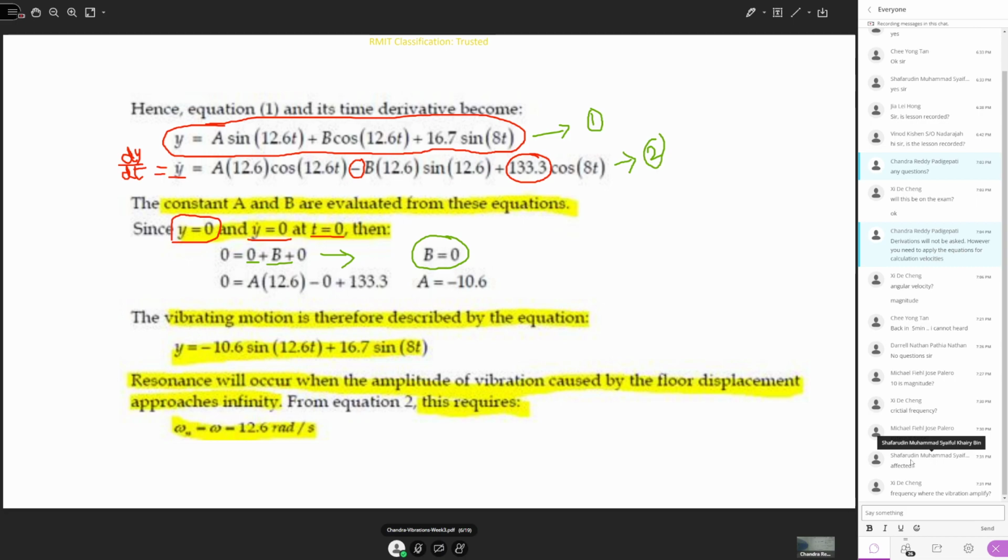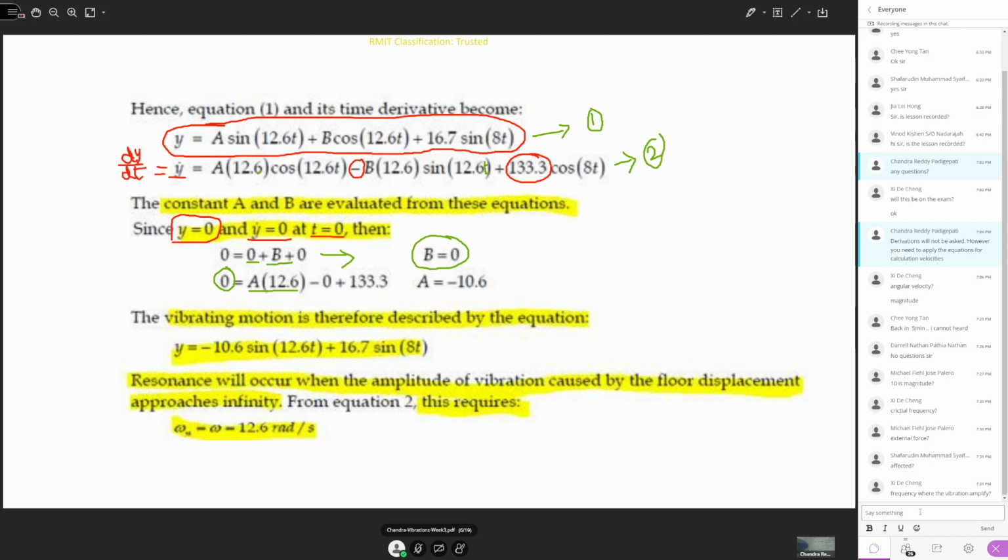Now from equation 2, we know velocity is 0 when time is 0. So y dot is 0 when time is 0. Cos 0 is 1, so 1 into 12.6, you get 12.6a. Negative b, this sine 0 becomes 0. Here the t is missing, so you need to add t here.